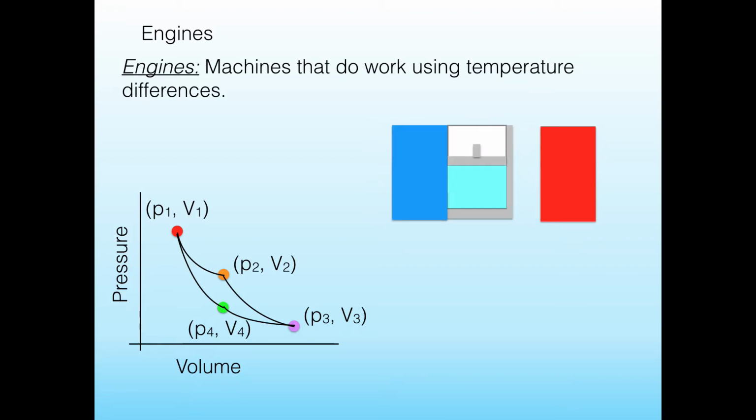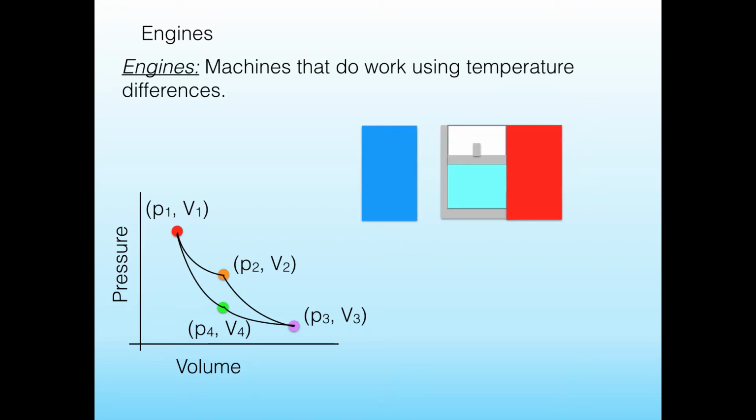That will cause the gas to contract, and you're basically doing work in the opposite direction. Then you can just recycle this over and over again to cause the piston to move up and down. A piston inside of your car is kind of similar, except in that case, you spray gasoline and air into it, and then you explode the gasoline, and that's what causes the piston to push up and do the work.